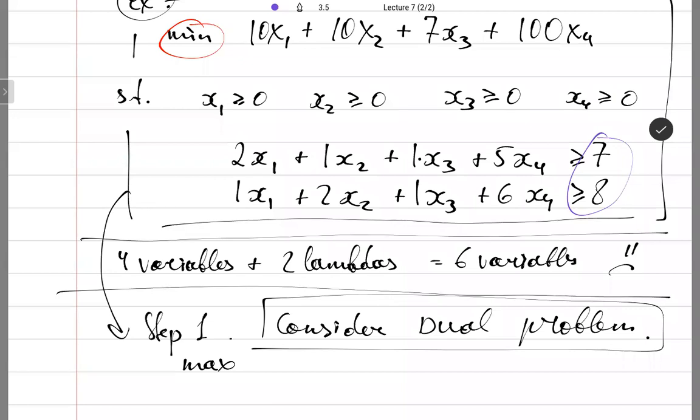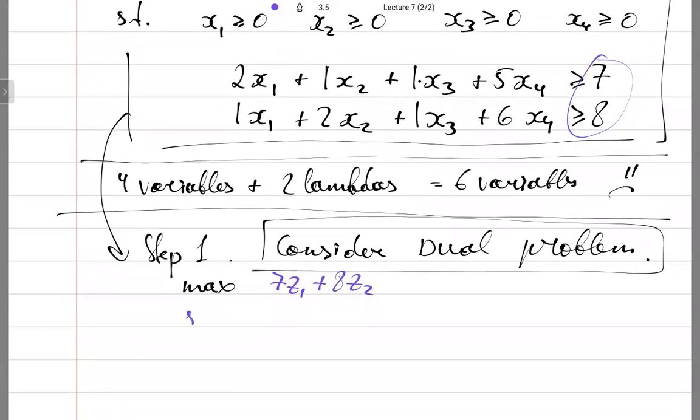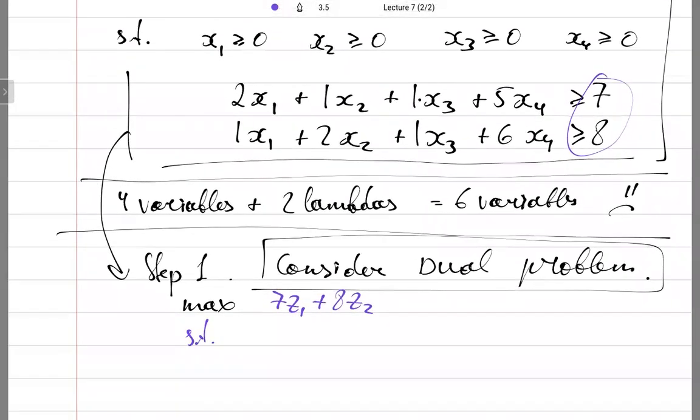So I will consider maximization of 7z1 plus 8z2. So now I have two variables, and that's much better because with two variables I can draw. Okay, now we move on to the constraints. All variables are non-negative: Z1 is greater than 0, Z2 is greater than 0.